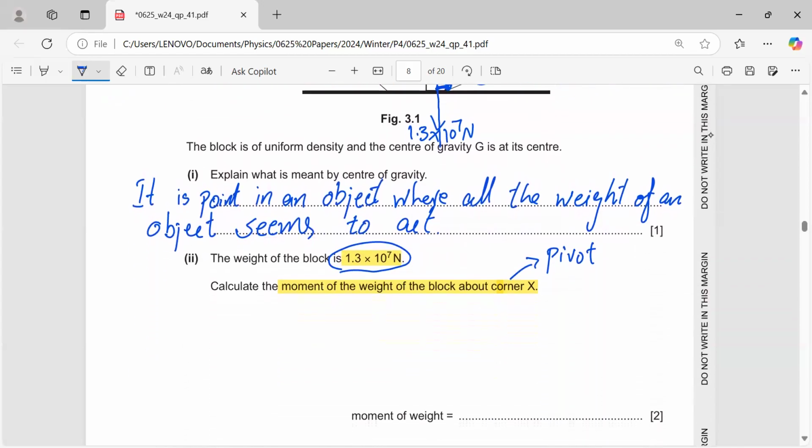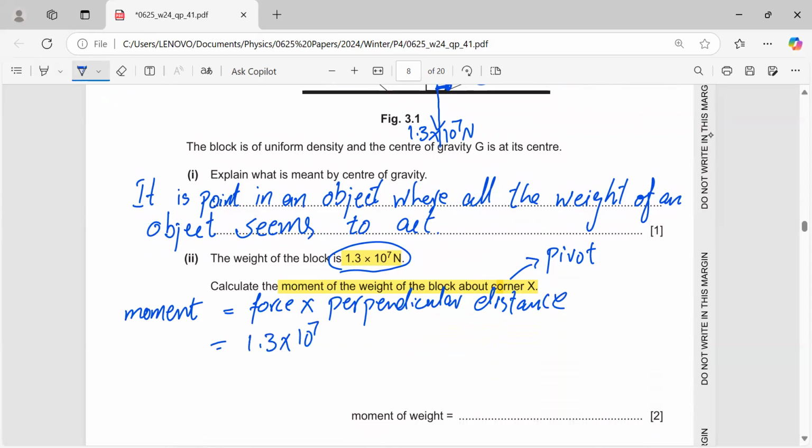Here I'm writing the formula: moment of a force is equal to force times perpendicular distance from the pivot. So force is 1.3 into 10 raised to the power 7 multiplied by 1.7, which is the distance between the weight and the pivot. When you multiply these two, you get the answer, which is 2.2 into 10 raised to the power 7 Newton meter.